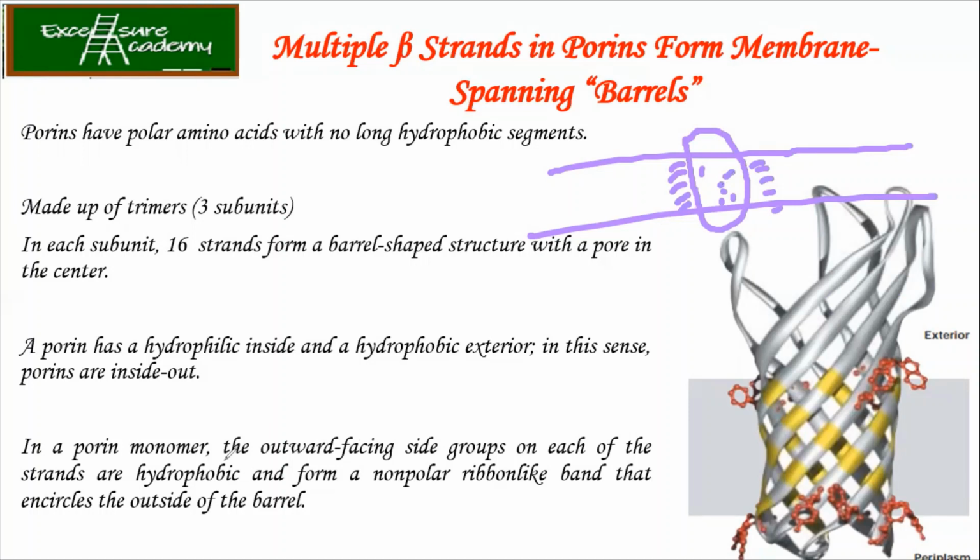Now, in a porin monomer, the outward-facing side groups on each of the strands are hydrophobic and form a non-polar ribbon-like band that encircles the outside of the barrel. Now, what do you see attached over here? Can you tell me what these circles are? Any guesses?